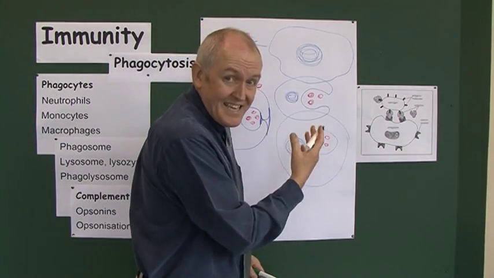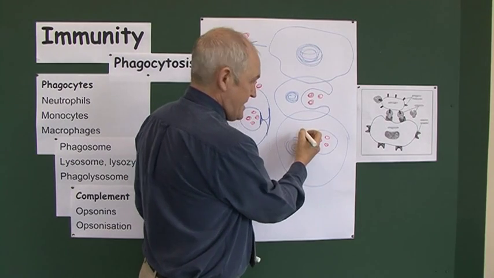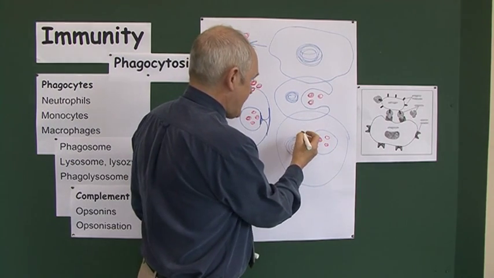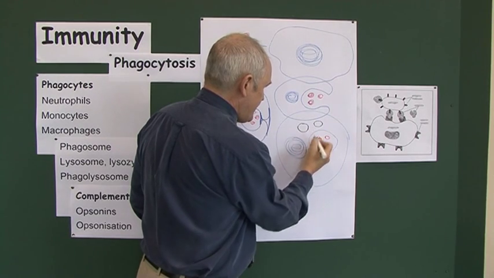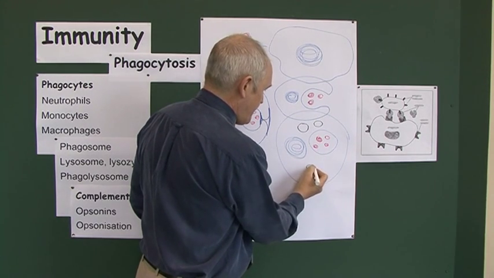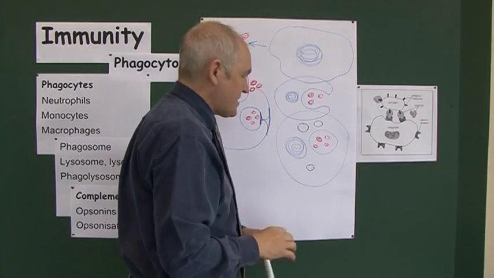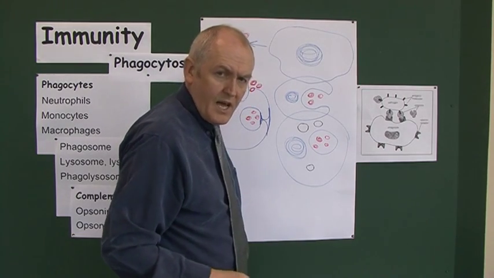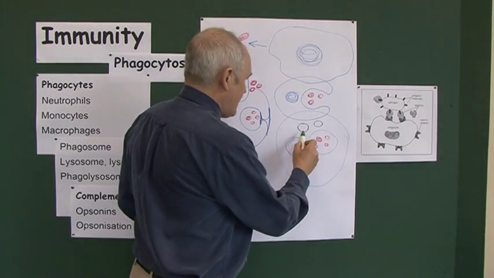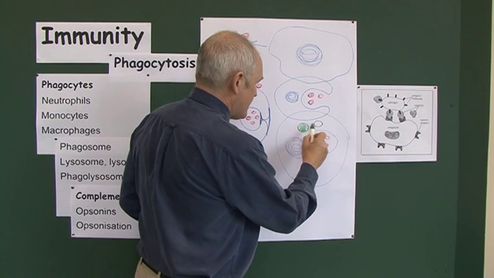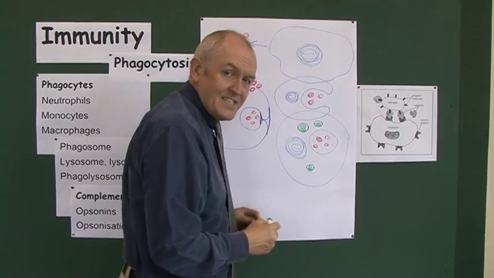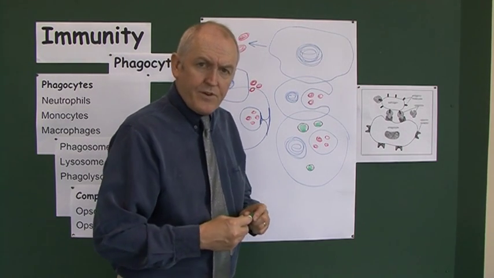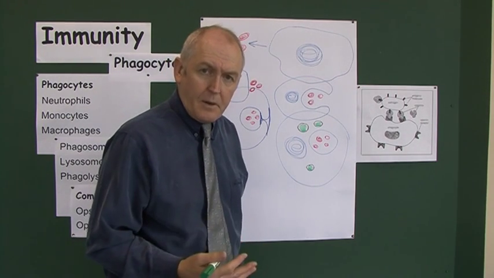Fortunately, inside many cells, particularly inside these eating cells, inside phagocytes, there are small areas, small vesicles throughout the cell, and these small vesicles are called lysosomes. The lysosomes are little packages of digestive enzymes, one of which is called lysozyme.